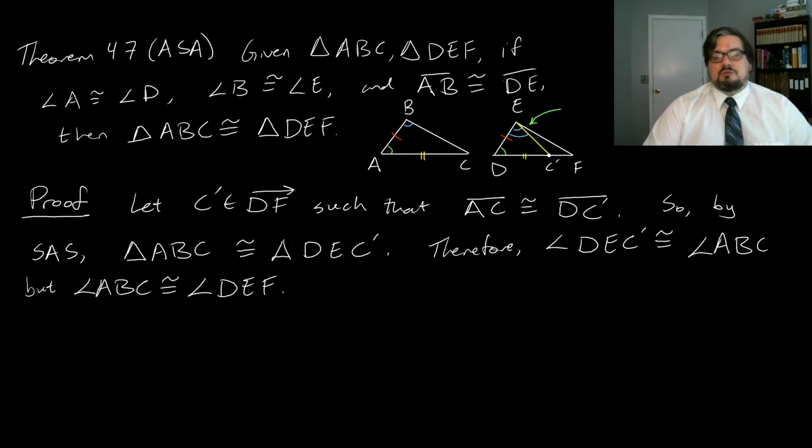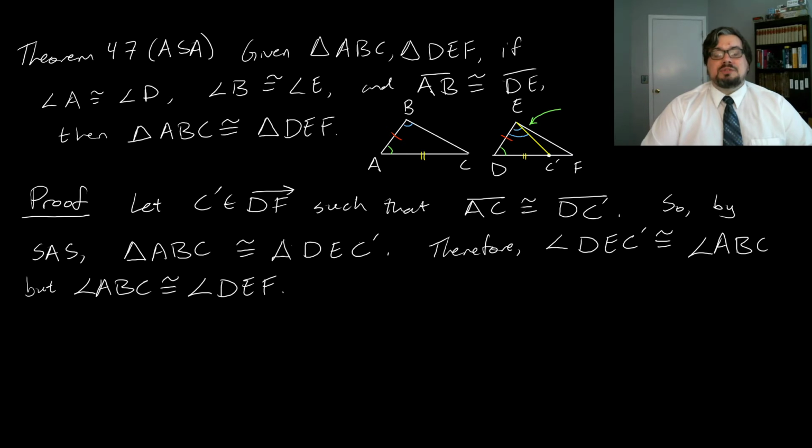Because notice that right here we have both the white segment and the yellow segment coming off of E are both forming an angle with the red segment that is congruent to the angle ABC.